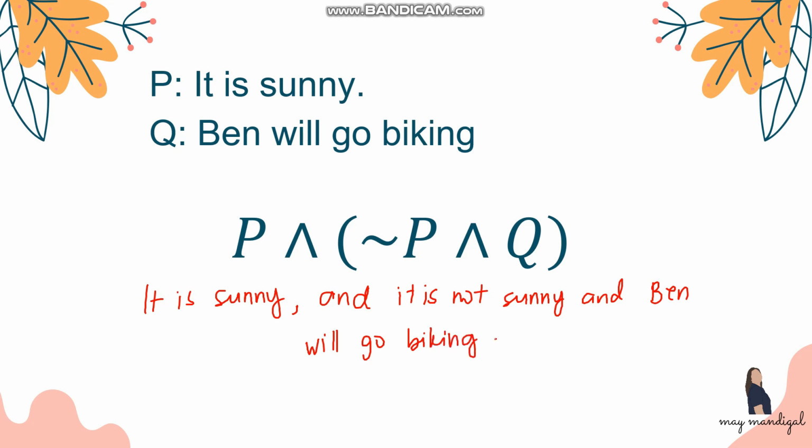There. So that is the statement. It is sunny and it is not sunny and Ben will go biking. So let's see when will be this statement true or false.